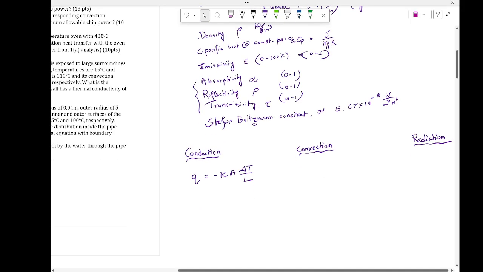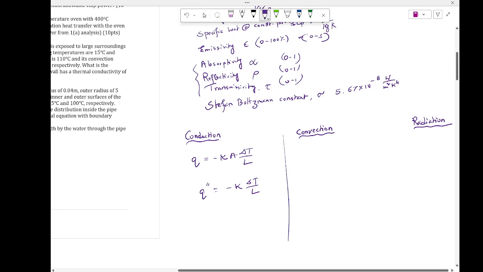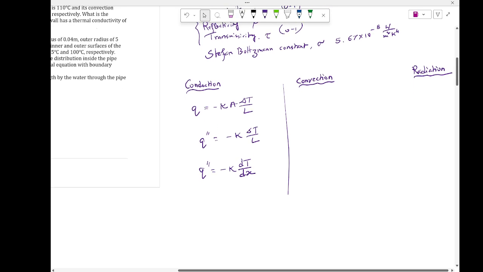Now, there are other equations for conduction we learned as well, right? Before I do that, let me give you the heat flux equation. For heat flux, you simply take out the A. And the other form of the equation I was talking about is heat flux equals minus K del T over del X. Now tell me something.